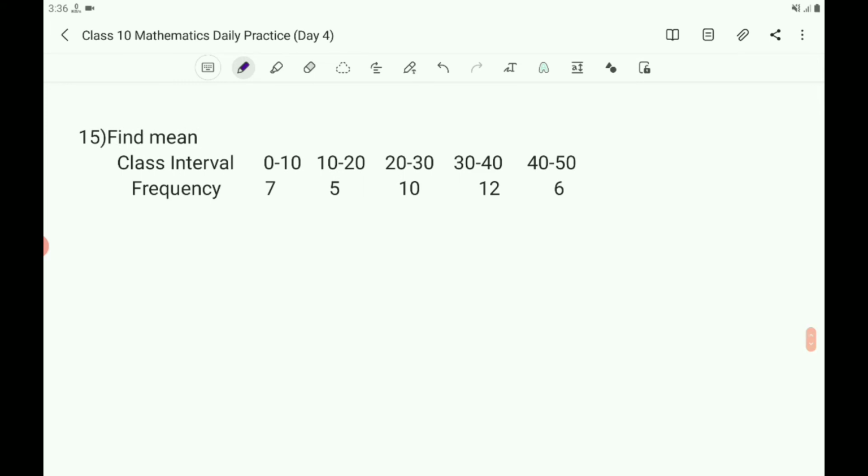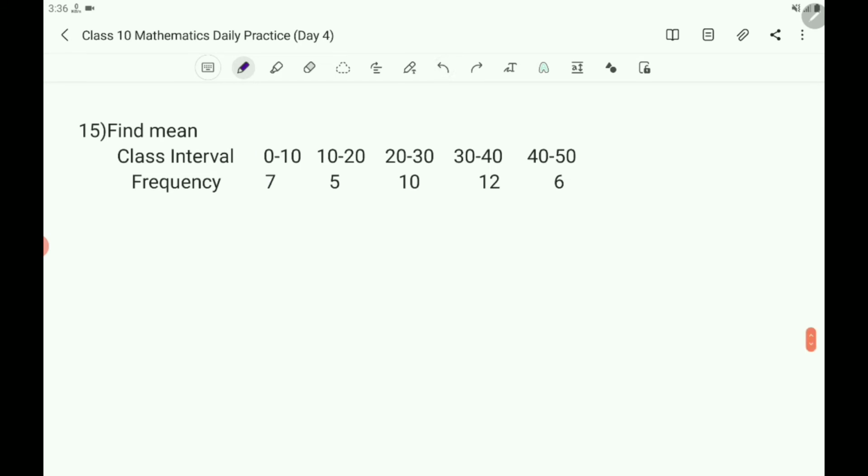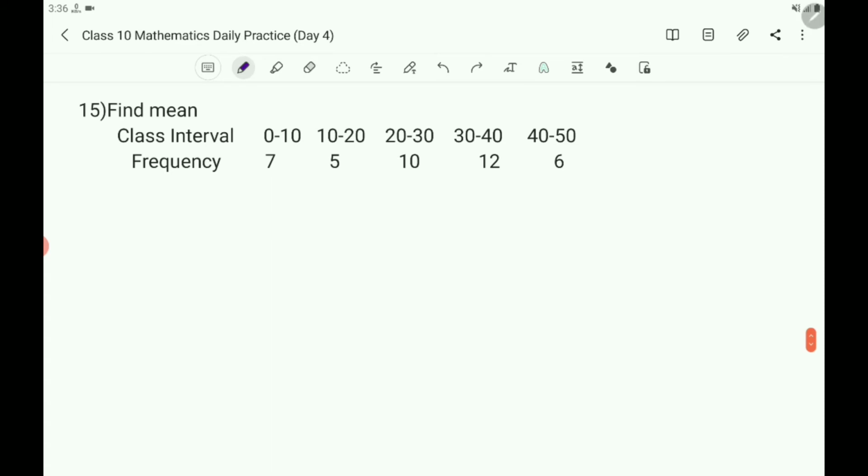The next question. Find the mean. Here the class interval and frequency are given. We have to find the mean. Now let us take the class interval and frequency in the vertical column. So you take class interval, frequency, and class mark. Next column is class mark.